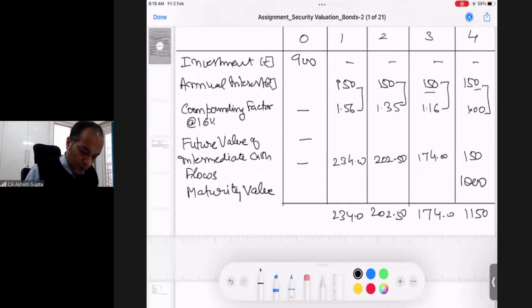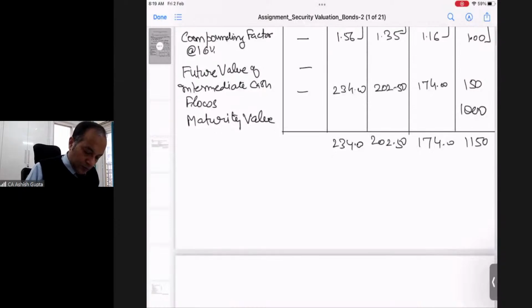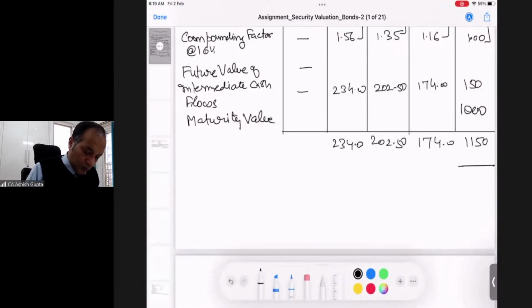Okay. Now we compute, we get their total. So overall, we shall get 1760 during the life.